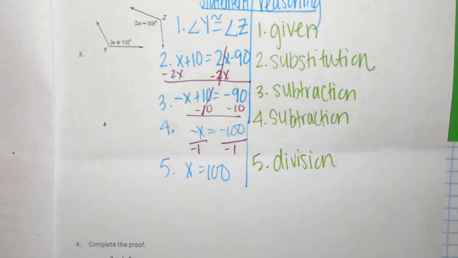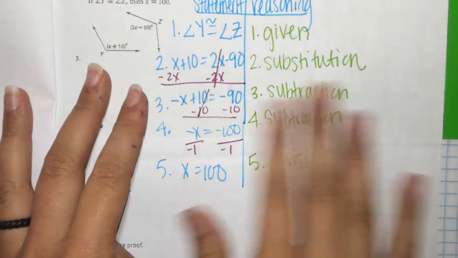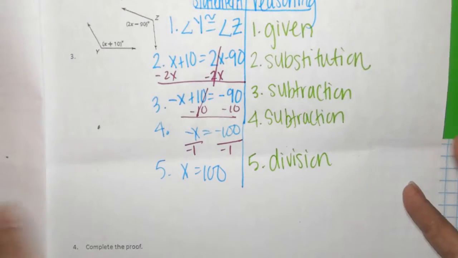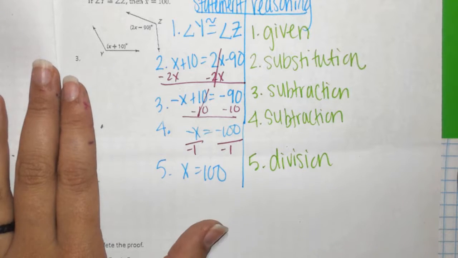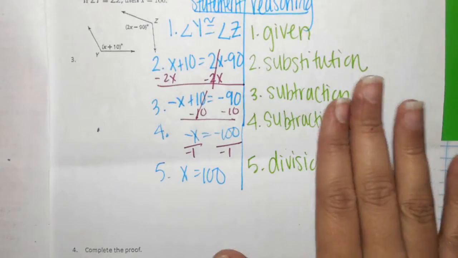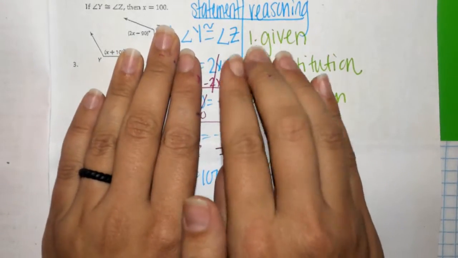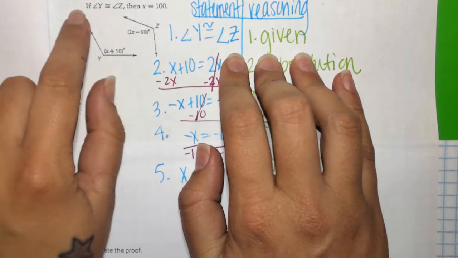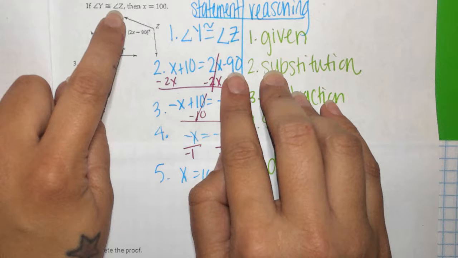Alright. So let's just walk through what we did first. Let's do it again because I don't know why this confused us. Each time you do a proof, always start with what they give you. They gave us that angle y is congruent to angle z.